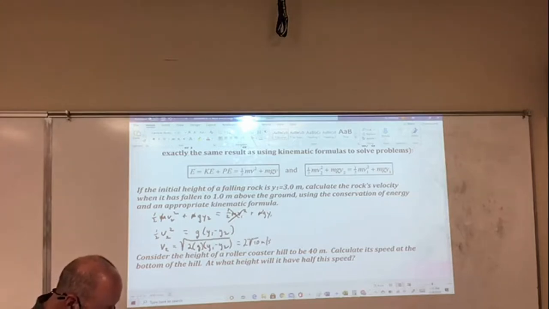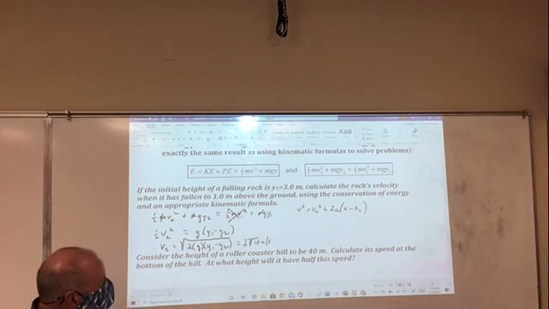Have I been given time here? No. So what formula do I have to use? V squared, no. Forget it. V0 squared plus 2a times displacement. You're mixing your formulas. Yeah, it's been a while. My initial velocity is 0, right?